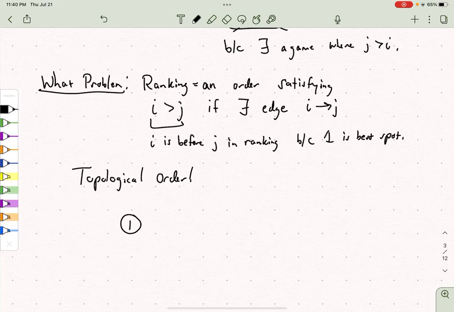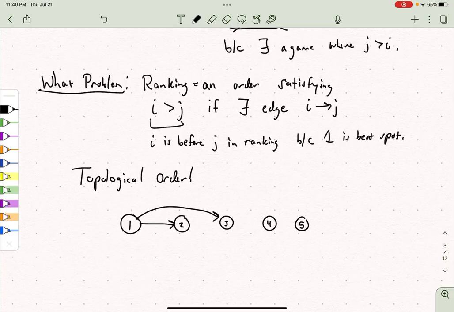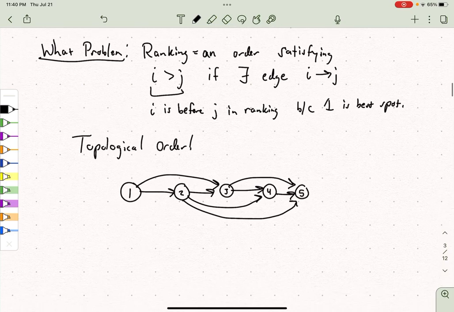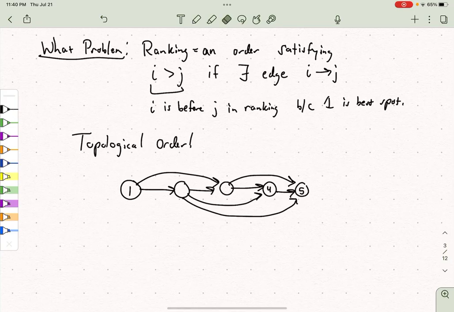So if we had something like this, then we could have maybe 1 goes to 2, 1 goes to 3, 2 beats 4, 2 beats 3, 3 beats 4, 3 beats 5. So in this case, and let me actually rename these nodes to emphasize, maybe it's something like this.